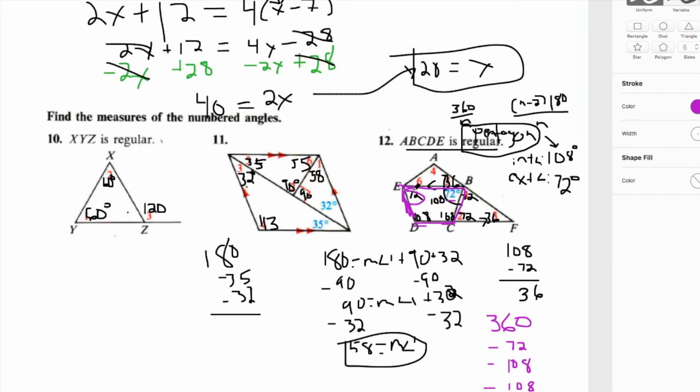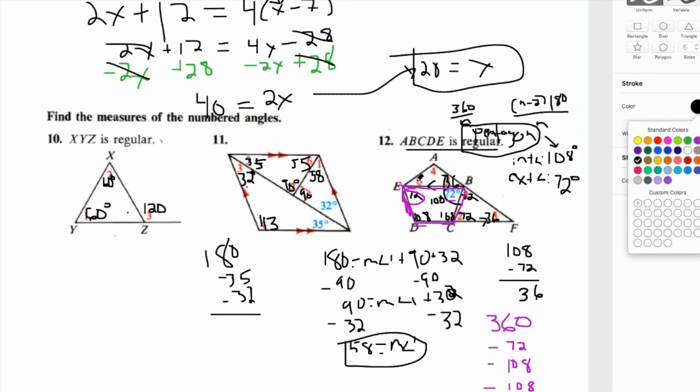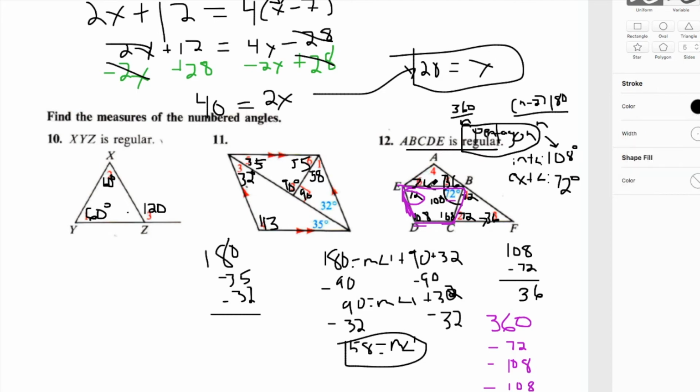So we have 72 here, and then that means angle 6 is 108 minus 72, which is also going to be 36. And this is isosceles here, 36 and 36, and that adds to 72. So this is also going to be 108. This is also an interior angle of a regular pentagon here. So we have all the angle measurements here.